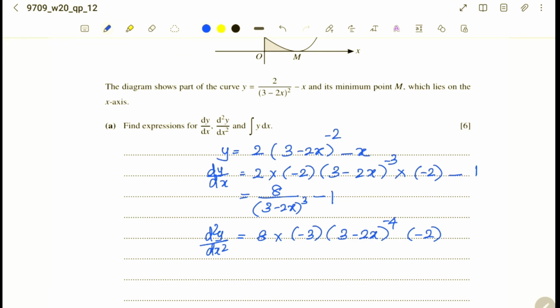Differentiation of the number 1 is 0. So this can be rearranged as 48 divided by 3 minus 2x the whole power 4. This is d square y by dx square.